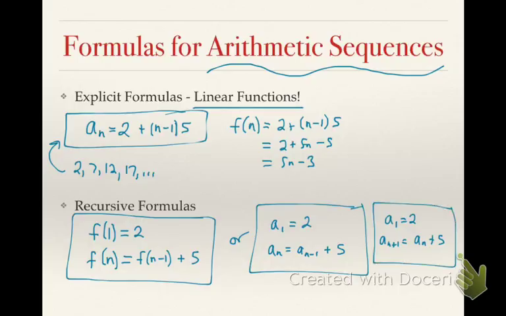But you should be able to very easily go between these two forms. Notice in the explicit form, after you multiply it out, the common difference is always multiplied with the input. So in this case, the input is n. And in the recursive, you're always adding the common difference. So make sure to make a little note about that.